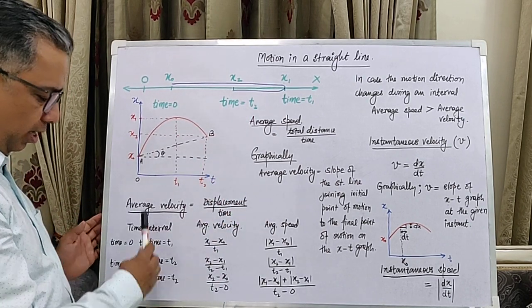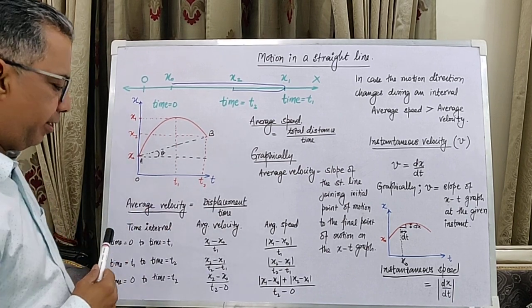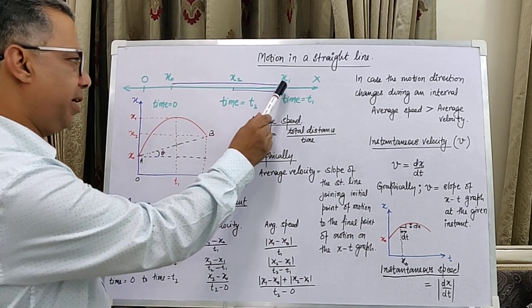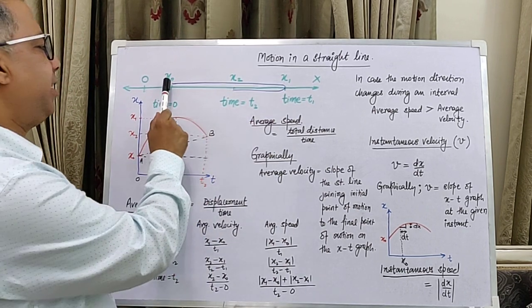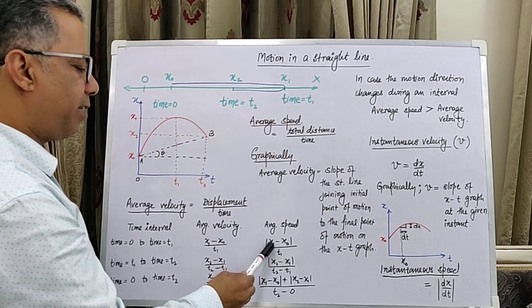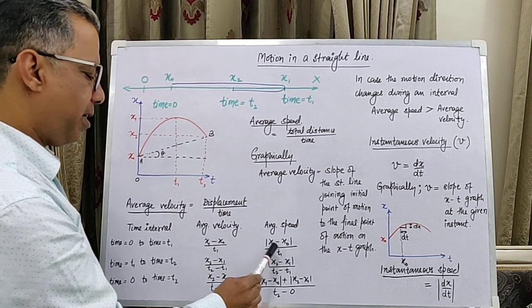Now for the first interval, that is from time equal to 0 to time equal to t1, from here to here, the distance traveled is this length of path, which is magnitude of x1 minus x0. This is x1 minus x0 divided by the time.